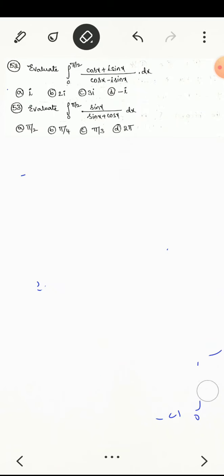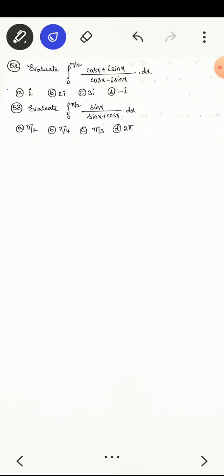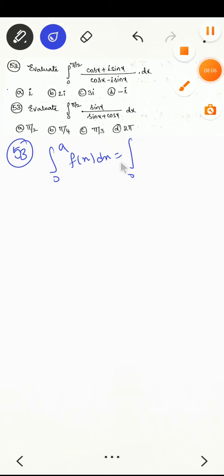Problem number 53 is also quite a simple problem, as we were solving problem number 51. It is similar to that problem only. So what I can do simply is write integral 0 to a f of x dx as integral 0 to a f of a minus x dx.